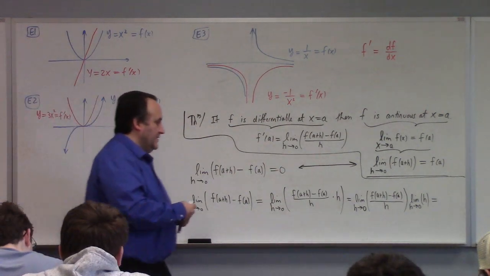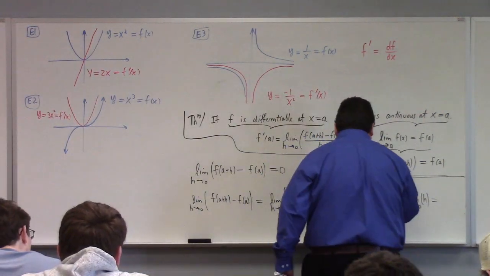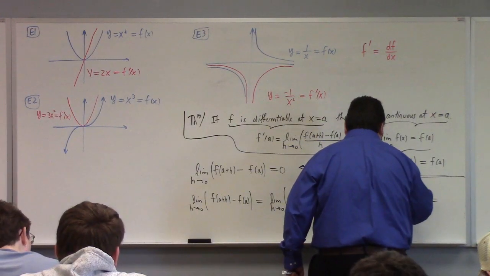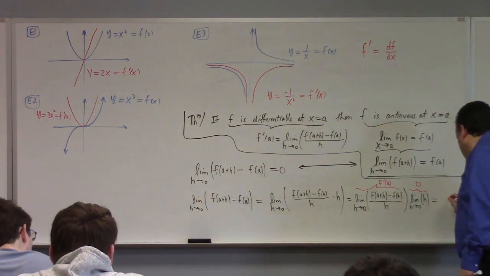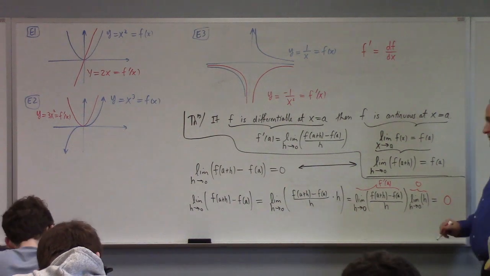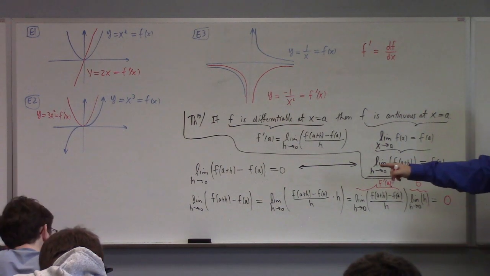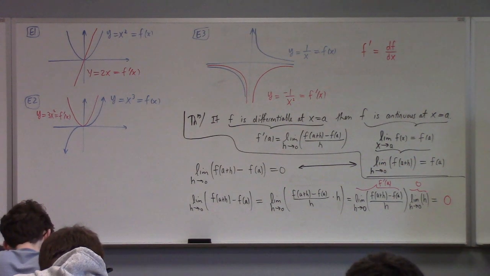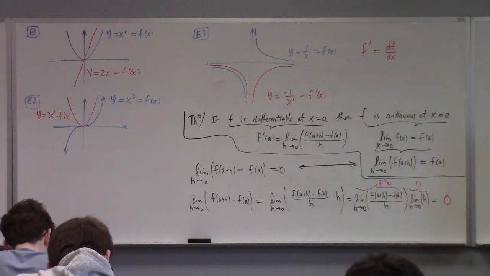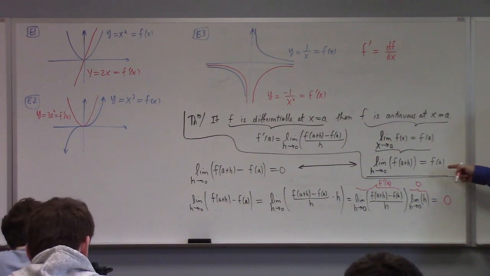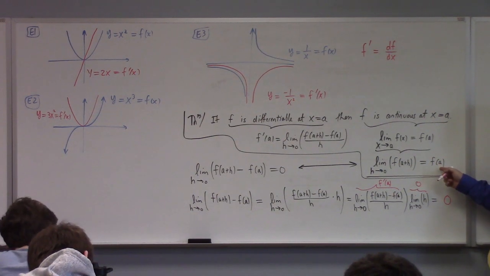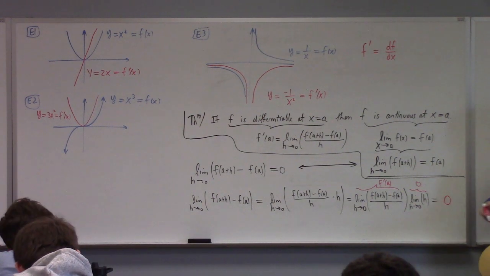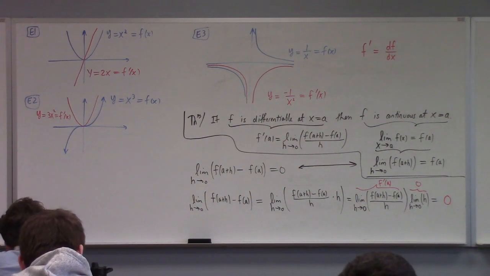What's 0 times f prime of a? So this is equal to 0. Consequently, the limit of the difference of f of a plus h and f of a is 0. Hence, the limit as h goes to 0 of f of a plus h is equal to f of a. Consequently, the function is continuous. All right?